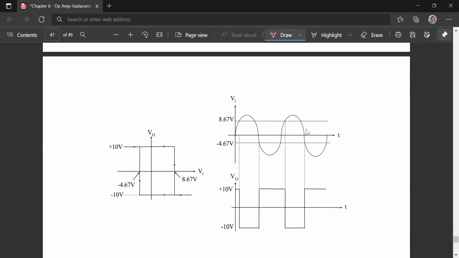So this is your Vin, 10 sine omega t. Your VUTP and VLTP are here.